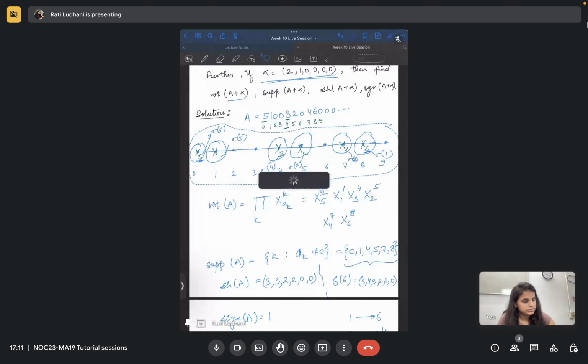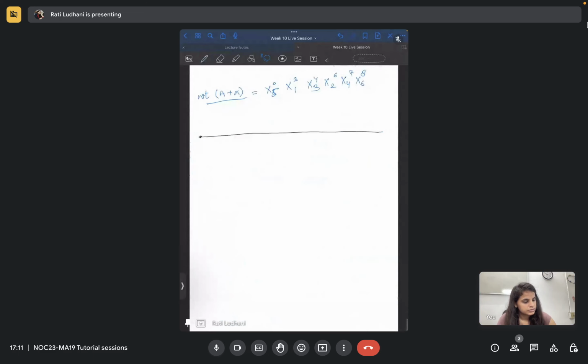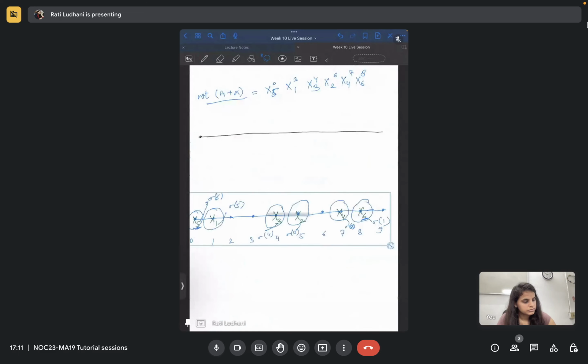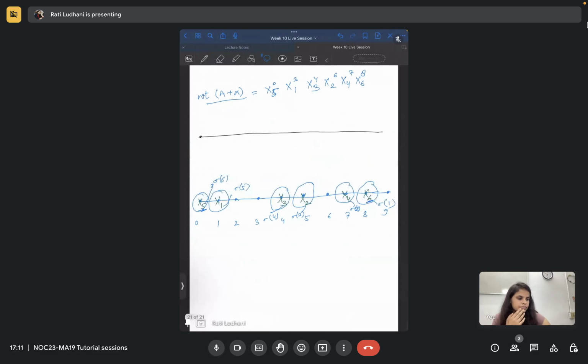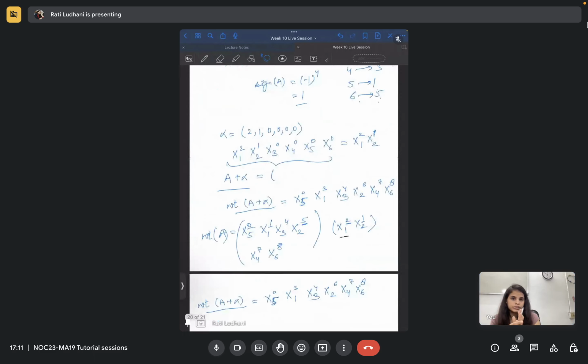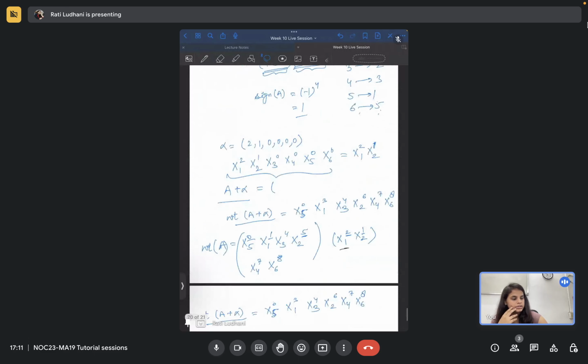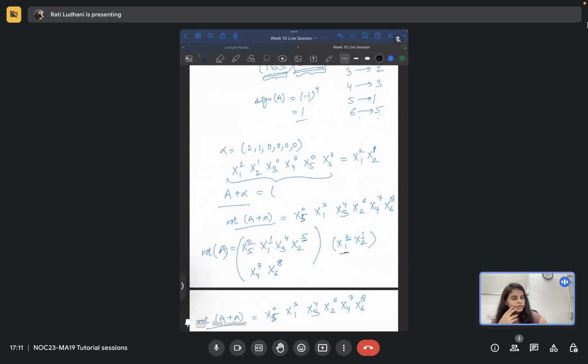Ma'am, the weight of A equal to 5100 means x power 5 power 0? No. When we write like this, we say that this is x1 squared. So the first number represents the exponent of the first variable.